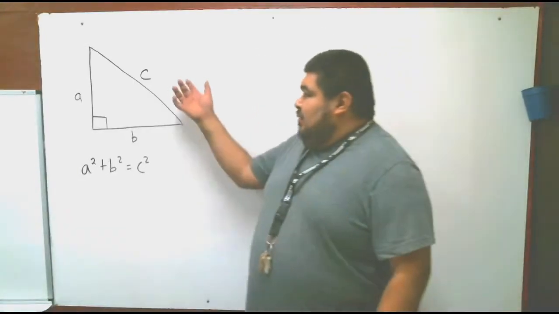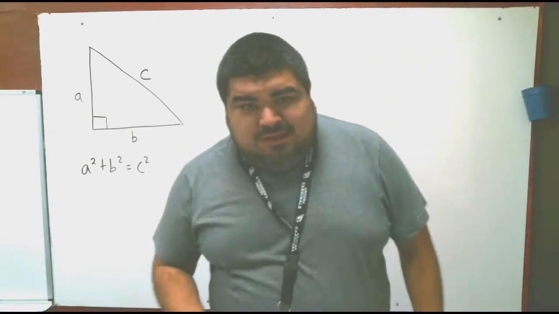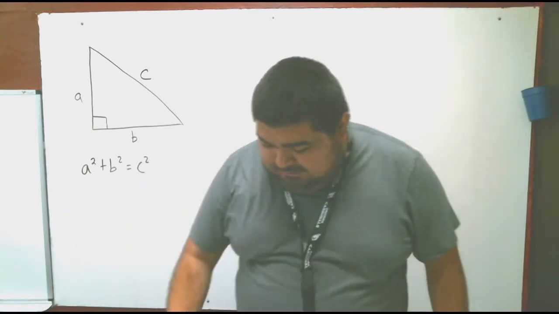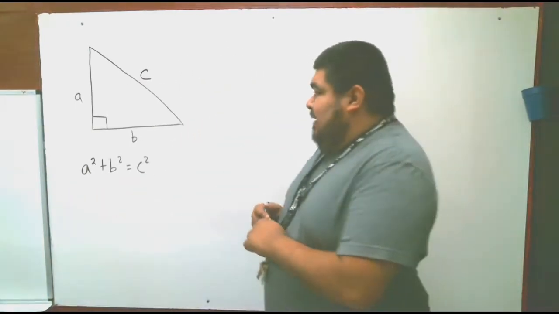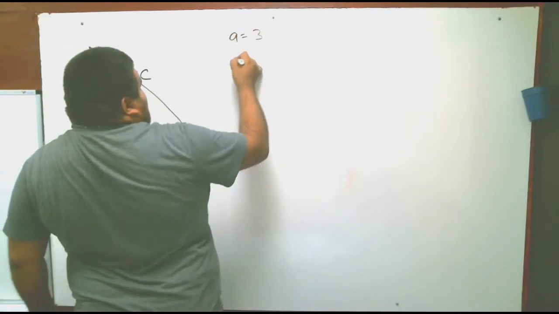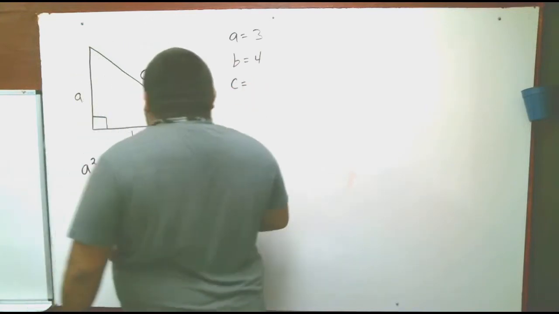Now that we know how to set up your triangle and how to label it, all you have to do is, whatever number I give you, plug it into the equation. For example, if I were to say A equals 3, B equals 4, what does C equal?